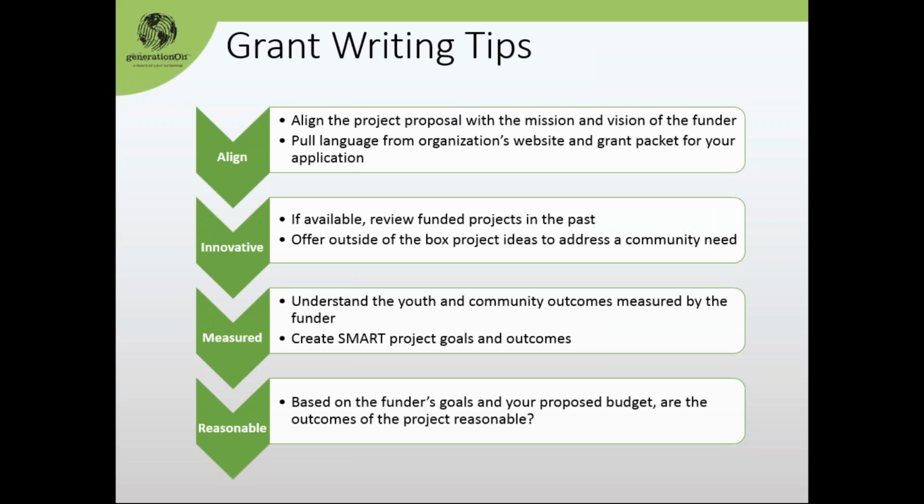A lot of the time, funders will have people that they've funded in the past highlighted either on their website or through their social media. And you can even approach a funder and ask, is this project creative enough? Is this what you're looking for? As a funder, we definitely appreciate when people call in and ask us for feedback.